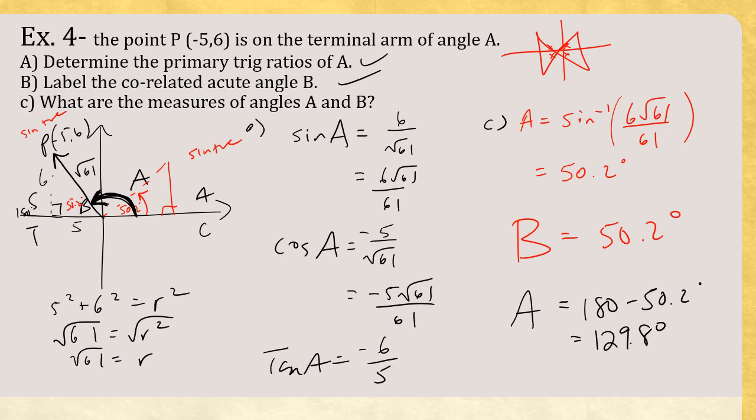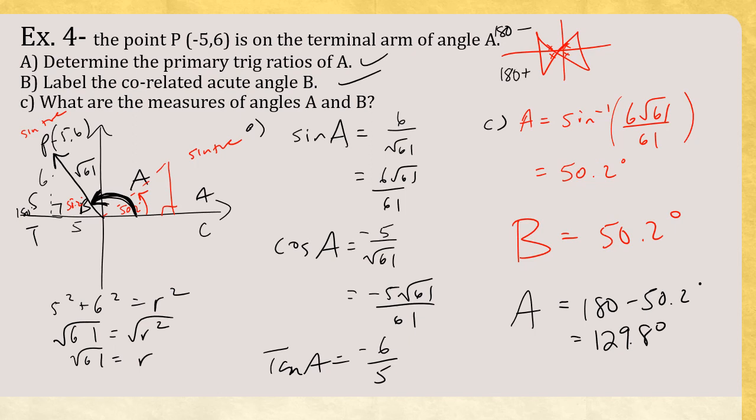If you chose to use cos A, you would have to do some adjusting, and if you chose to use tan A, you would have to do some adjusting, kind of like we did, some thinking. For the record, in that little bow tie diagram I made, any angle that's in quadrant 2 is always going to be 180 minus. Any angle that's in quadrant 3 is going to be 180 plus.